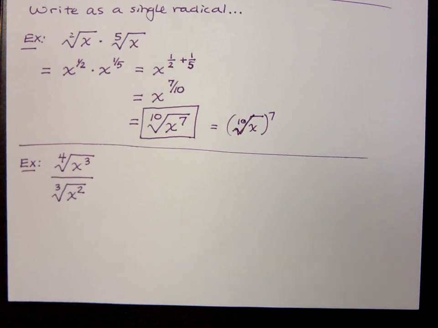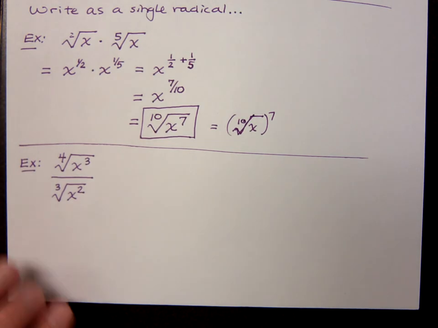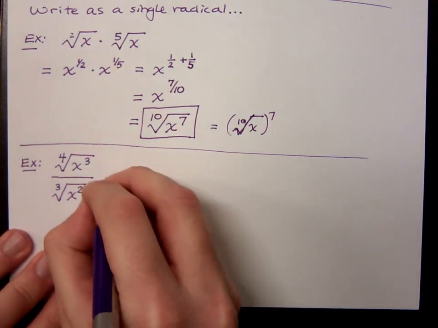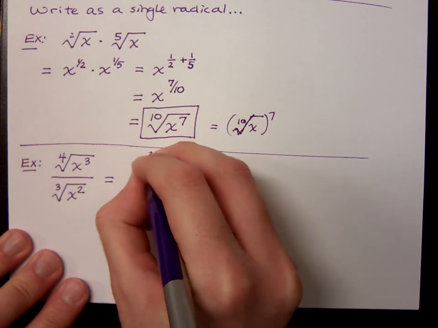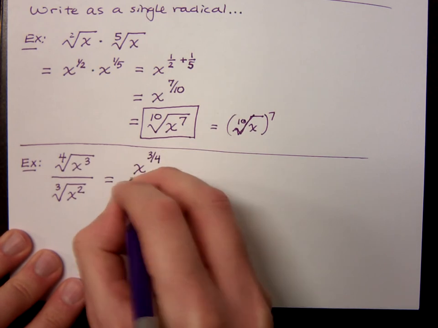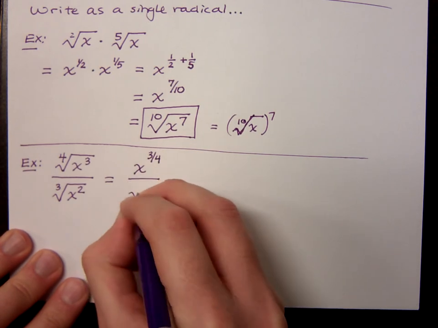So what's the first thing that I need to do? Turn them into exponents. So how do I convert these guys back into exponential form? I'm going to have x to the 3/4 power divided by x to the 2/3 power.